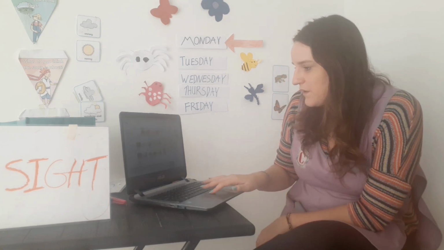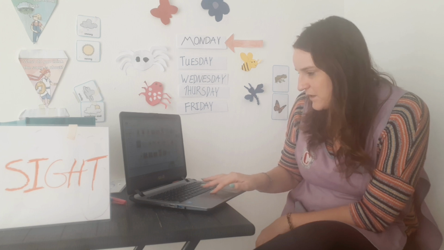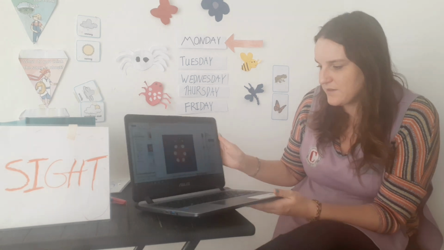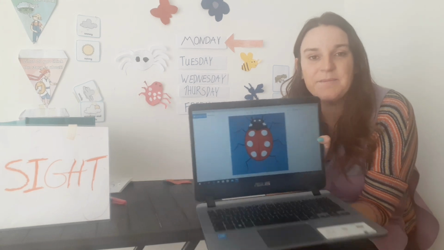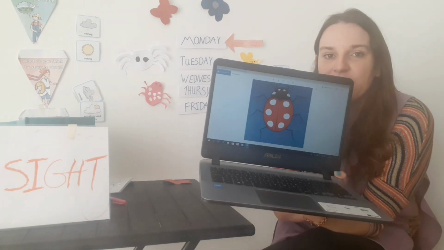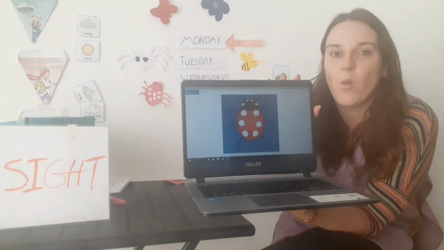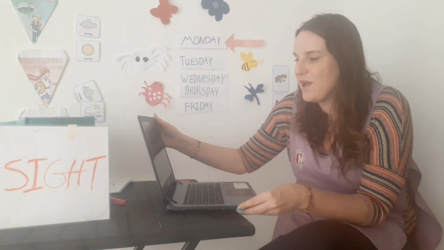So I also have here, this is a ladybug. It's a little bit better. That's a ladybug. What color is a ladybug? A ladybird is red and white. Wow, it's pretty.